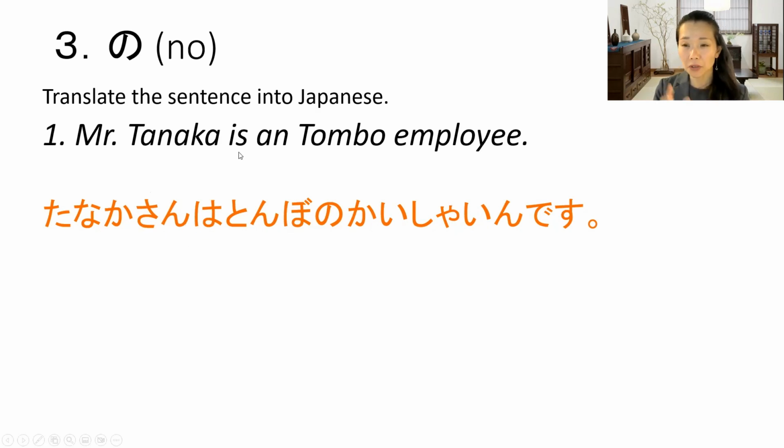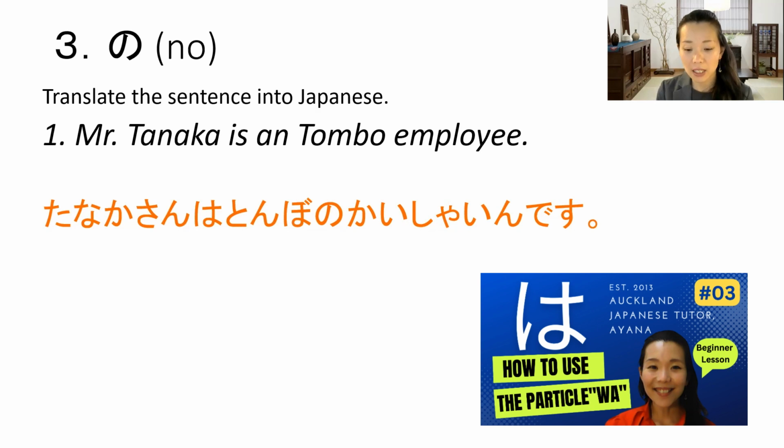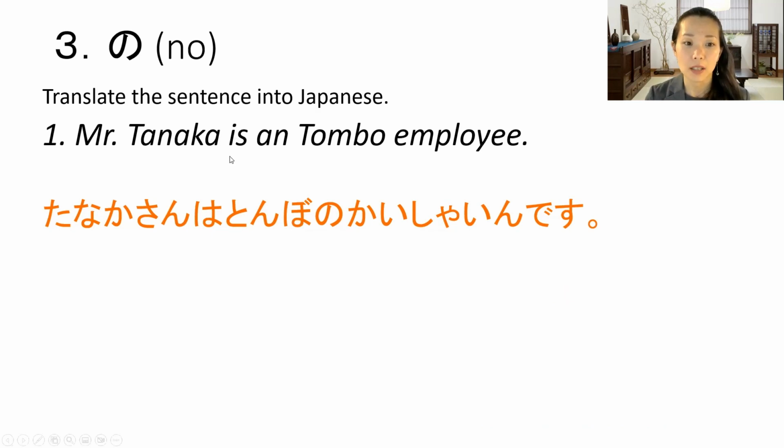Those who would like to start Japanese basics, please check my other videos, because I explained each particle in the other video series, including how to use は. Then トンボの会社員です. Tombo is a company name. の is the connection here, so the meaning is an employee belonging to Tombo.